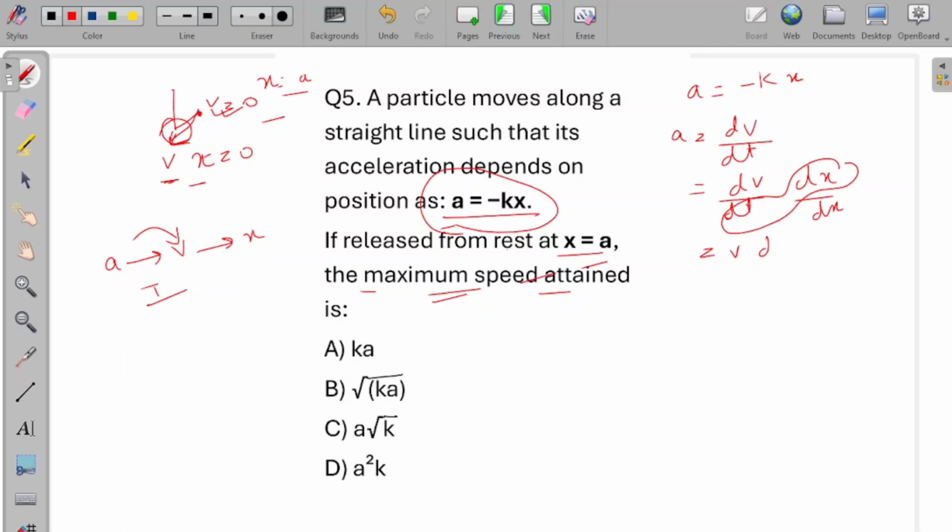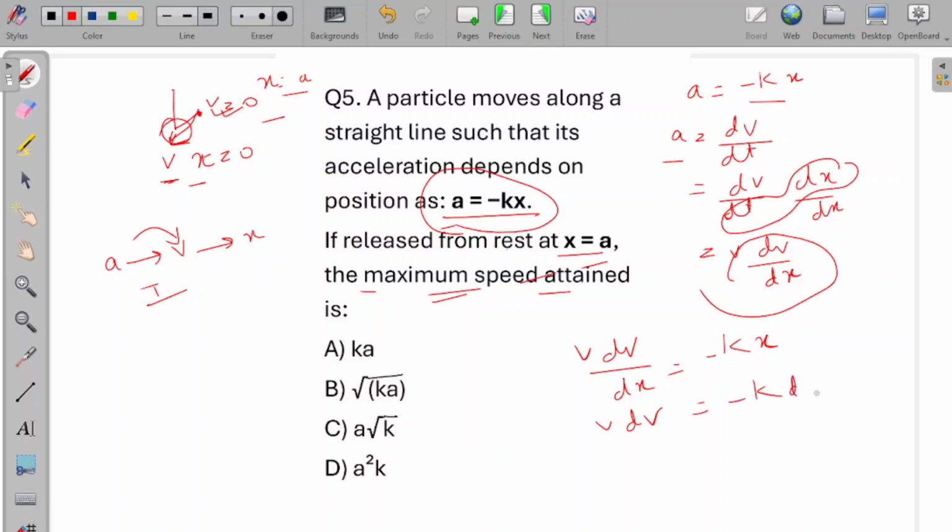So v dv by dx also represents acceleration. We will use this expression for acceleration and then solve it further. So v dv by dx is equal to minus kx. Now let's simplify it further. V dv is equal to minus kx dx.